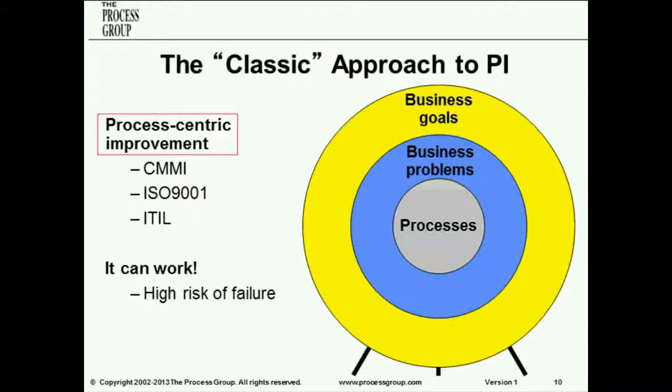And so they take a very process-centric view of the world, and it's really all about compliance to the framework or the model they're being asked to comply to. If you meet any of those team members writing those processes, and you ask any one individual what kind of business problems are being addressed by the documents they're creating, they may be a little bit vague about just how it ties into the problems of the organization.